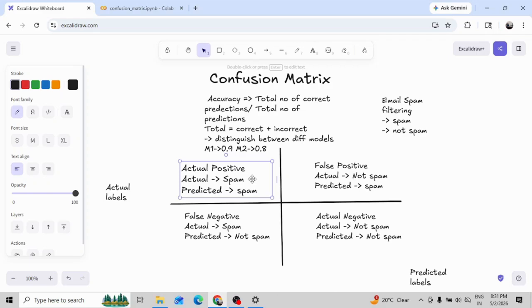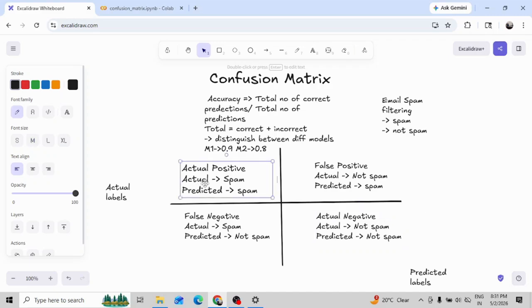Moving clockwise to actual negative: first I will explain these two terms, and then the false positive and false negative. Actual negative means that the email is actually not a spam, and the machine predicted that it is also not a spam. This is what is meant by actual negative, which means that the machine predicted correctly.